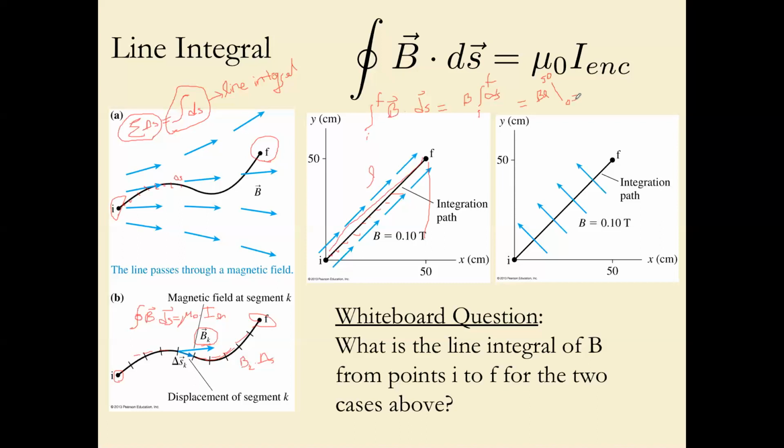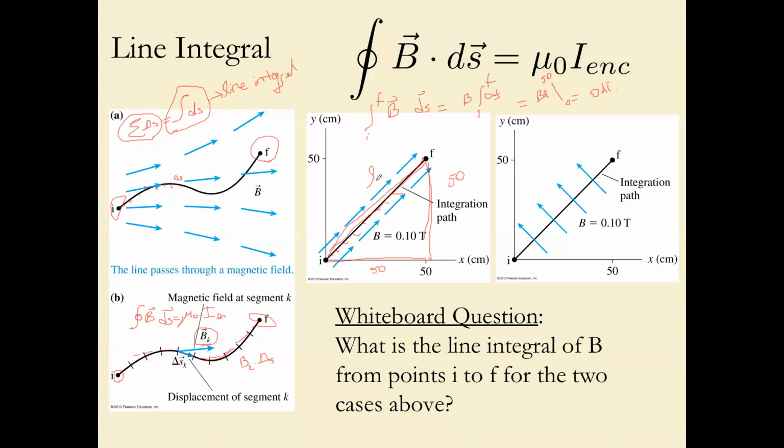And this is equal to B, which is 0.1 Tesla, times the length L from the initial to the final point, from 0 to 50. This is the hypotenuse of a triangle where 50 is the height, and this is the adjacent side, which is also 50.